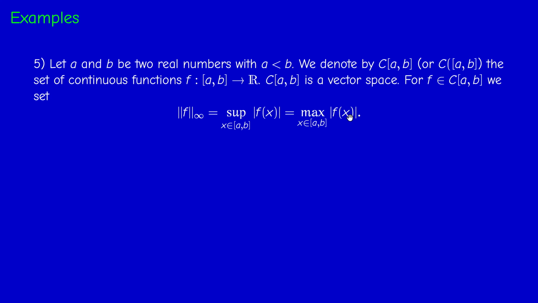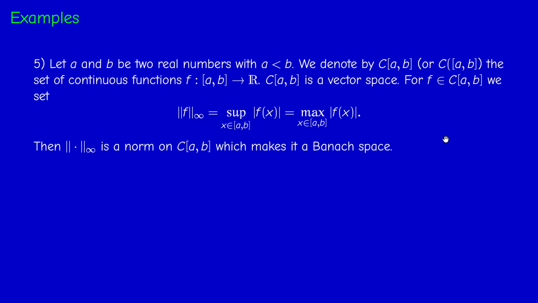If we drop the absolute value, it's no longer a norm. So this is a norm, and it's a fundamental result that this norm makes C[a,b] complete. Not trivial. It requires a proof. So once again, either you accept it or you prove it or you read the proof somewhere.